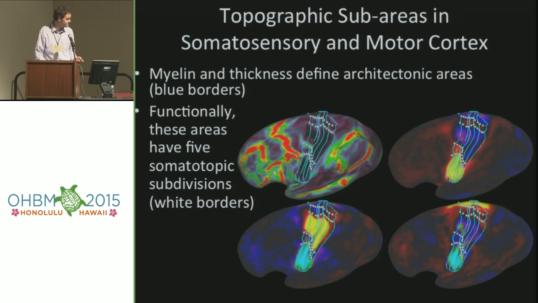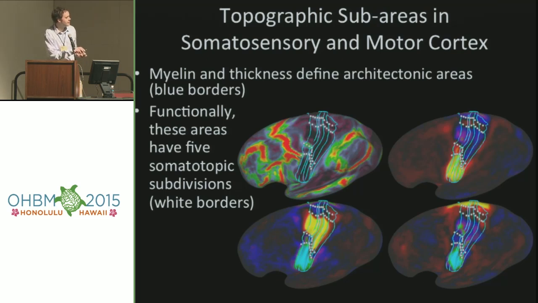And that's because connectivity is stronger between basically the same part of a map than, say, connectivity between the foot and the face. That's weaker than connectivity between face motor and face sensory.